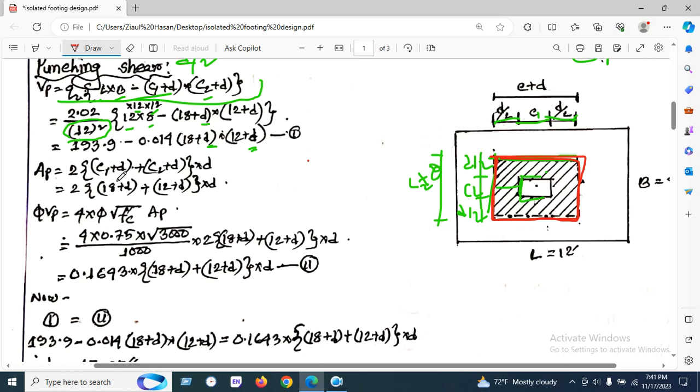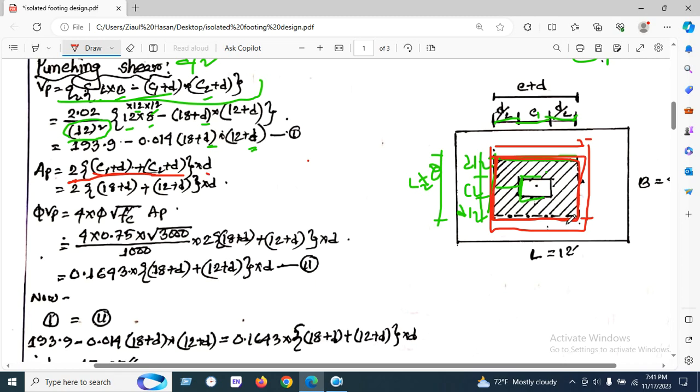So at first we will see 2. I will clarify why we will use 2. C1 plus D, this portion, and C2 plus D, this portion, and in the same way C1 plus D and C2 plus D. That's why we will multiply by 2.